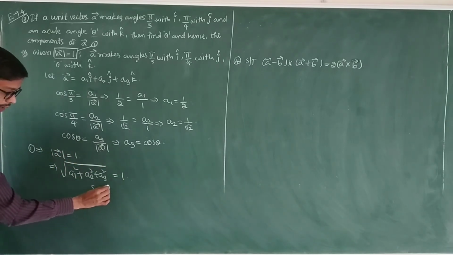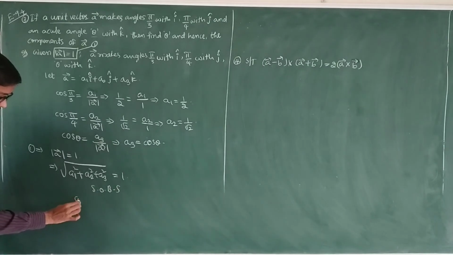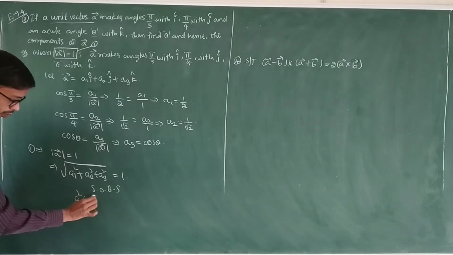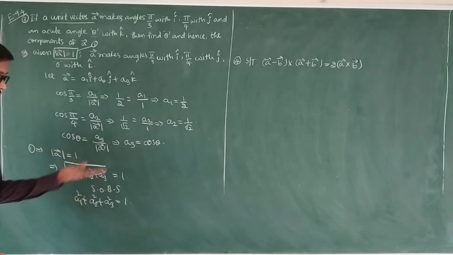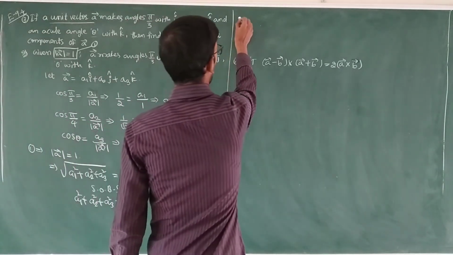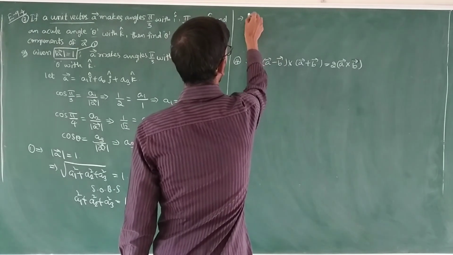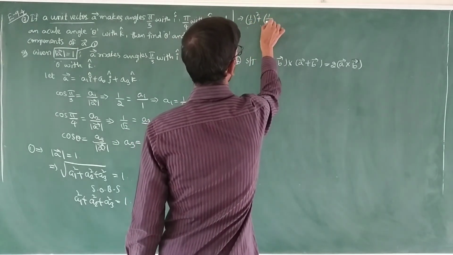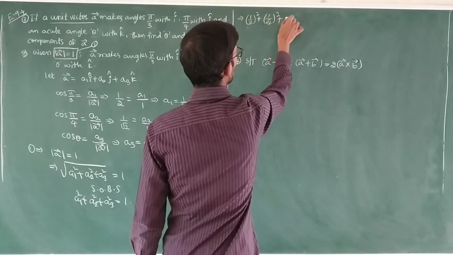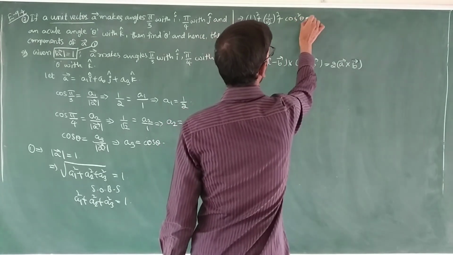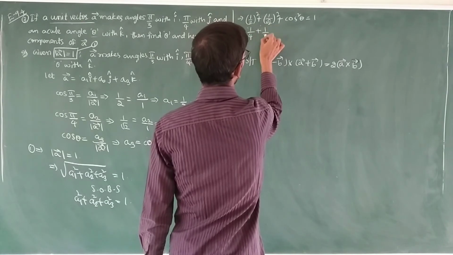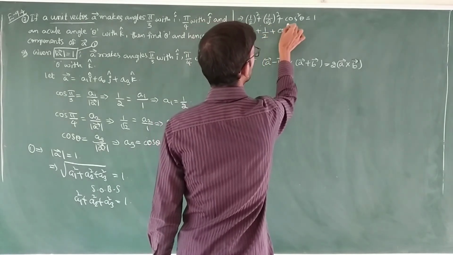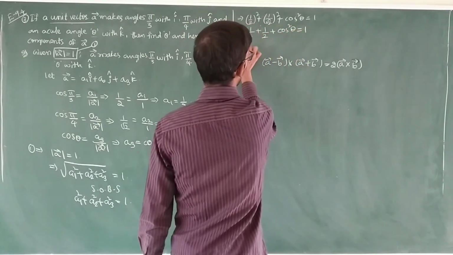Squaring on both sides, A1 square plus A2 square plus A3 square is equal to 1. All values you know, substitute here: 1 by 2 square plus 1 by root 2 square plus cos square theta is equal to 1. 1 by 4 plus 1 by 2 plus cos square theta is equal to 1.